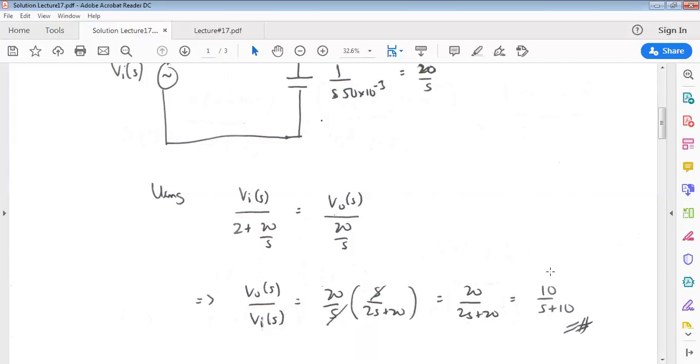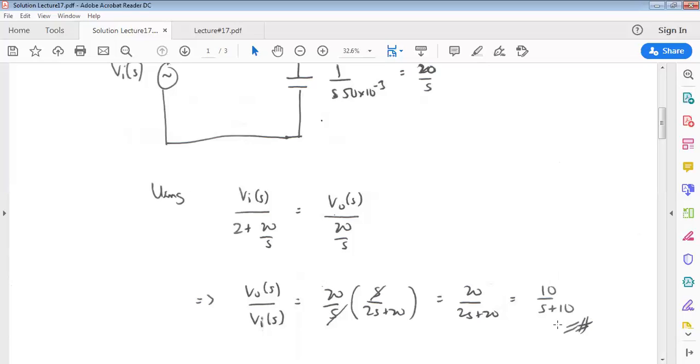Hopefully by this example, you can understand how to calculate a transfer function for a given electrical circuit. The next task, in the second part of lecture 17, will be to sketch the Bode diagram from this transfer function, and from the sketched Bode diagram, determine the filter type.